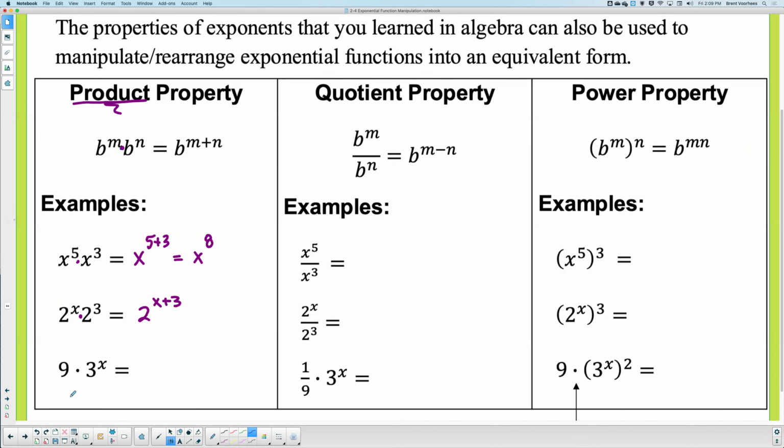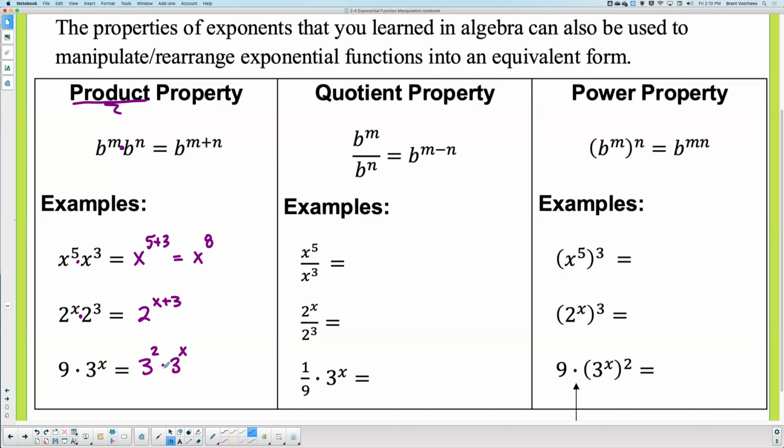Now, finally, this one throws off a lot of students. This is going to be the product property. It just looks weird right now. What can we do to make this similar to these problems up above it? It's the 9. We've got to change the 9. What can I do to the 9? 3 squared. What if we made it 3 squared times 3 to the power of x? Now what do I have? Same base, and the bases are multiplying.